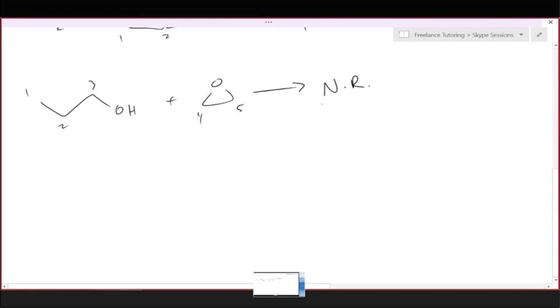Okay, excellent. So let's try to figure out a way that we could adjust the conditions here so the reaction would occur. I think if we added the deprotonated version of that, so like that, then that could act straightaway as a nucleophile.